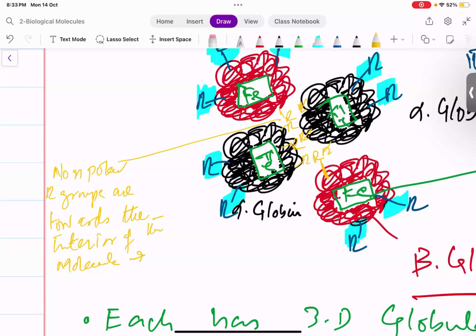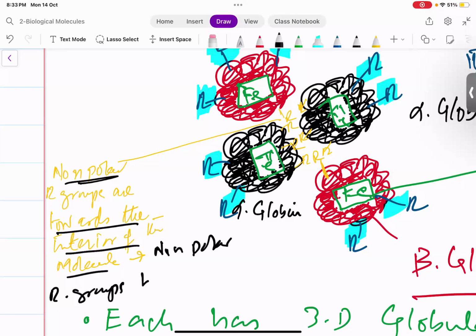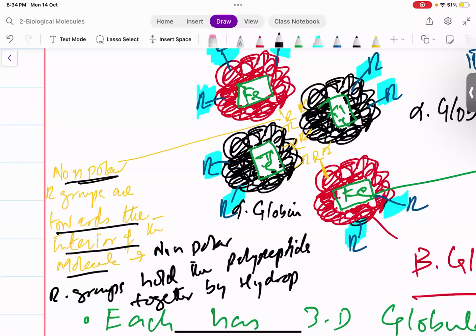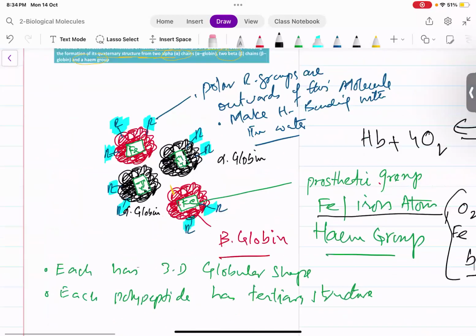And this holds the 4 polypeptides together by hydrophobic interactions. So these non-polar R groups hold the polypeptides together by hydrophobic interactions.